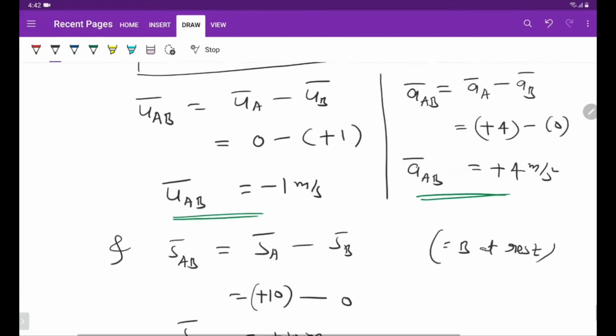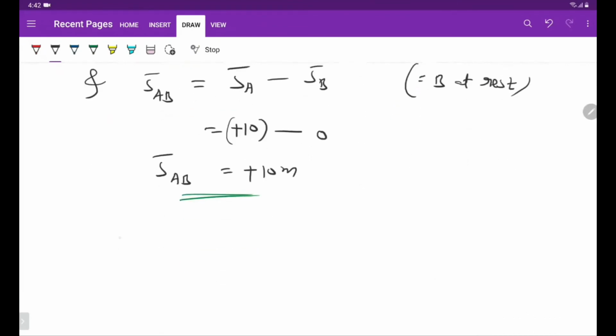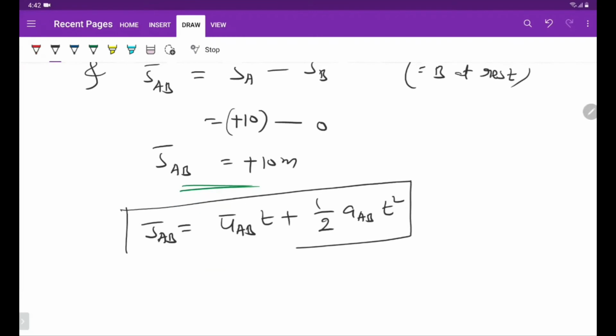And now one by one substitute all values in the above equation. Therefore we get displacement of A with respect to B is equal to ut plus half at square. Substitute in this formula.